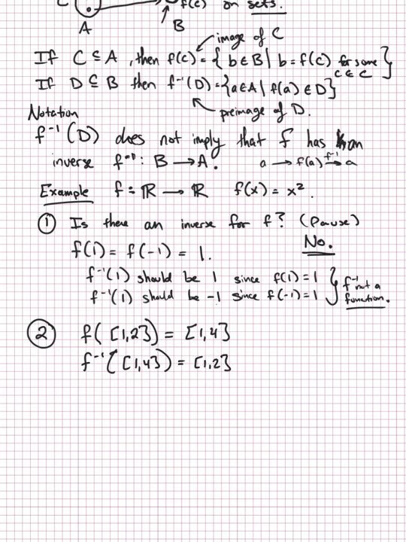That's everything in here gets sent into that interval. But I also get the interval negative 2 to negative 1. So what I'm doing is taking f inverse, the preimage of the image of 1, 2, and that is strictly larger than the thing that you started with.